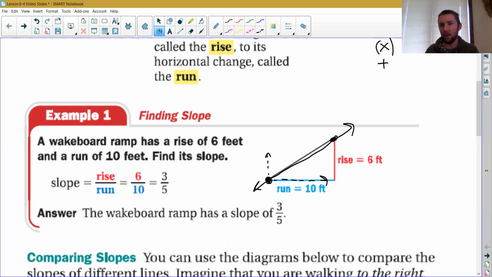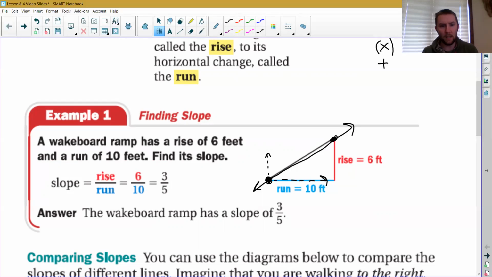So we make a ratio or fraction out of those changes vertically and horizontally, and then we, of course, want to reduce that fraction as much as possible. You will have to be accustomed to reducing the fractions that you find from your rise and your run, or your change in the y variable and change in the x variable. So in this case, we put 6 over 10 because it's rise, the vertical, over the run.